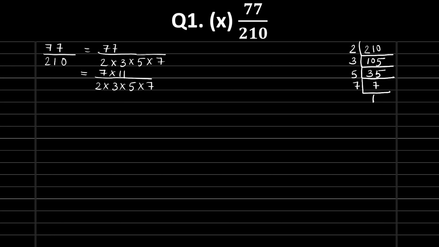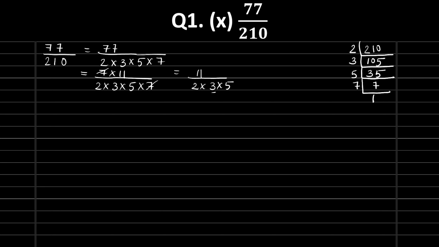That's why the first step is we have to simplify the rational number as much as possible. Let's simplify. We have 7 as a common factor in the numerator and denominator. On simplifying it, we'll get 11 upon 2 into 3 into 5. Still, we have 3 as a prime factor in the prime factorization of the denominator. Apart from 2 and 5, we have 3 also.